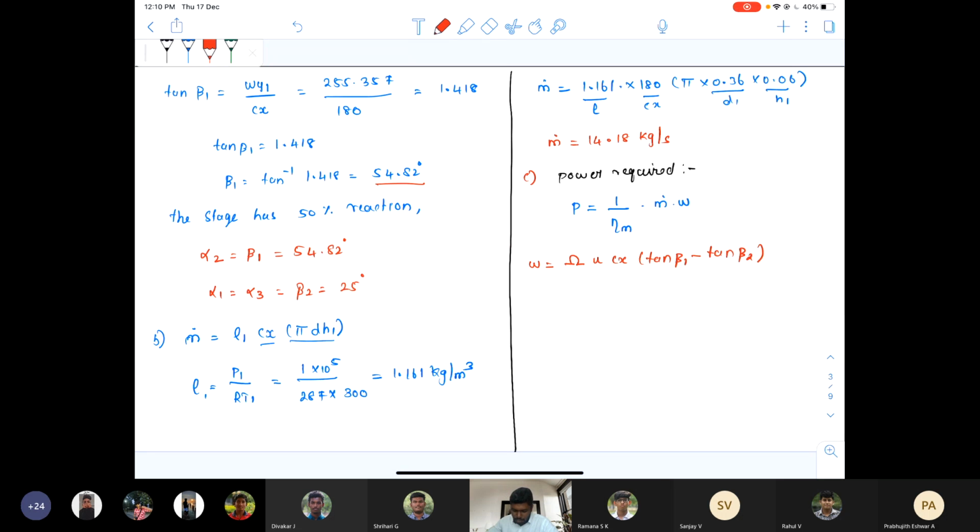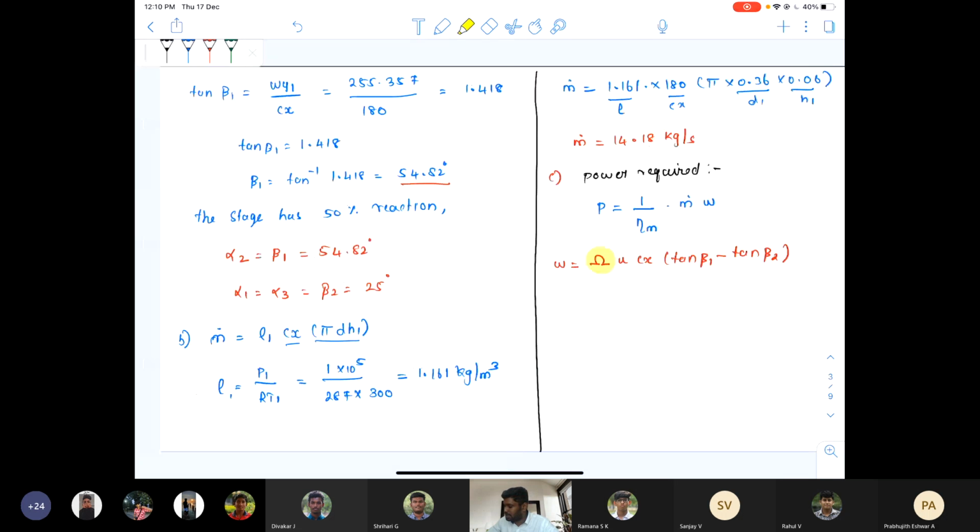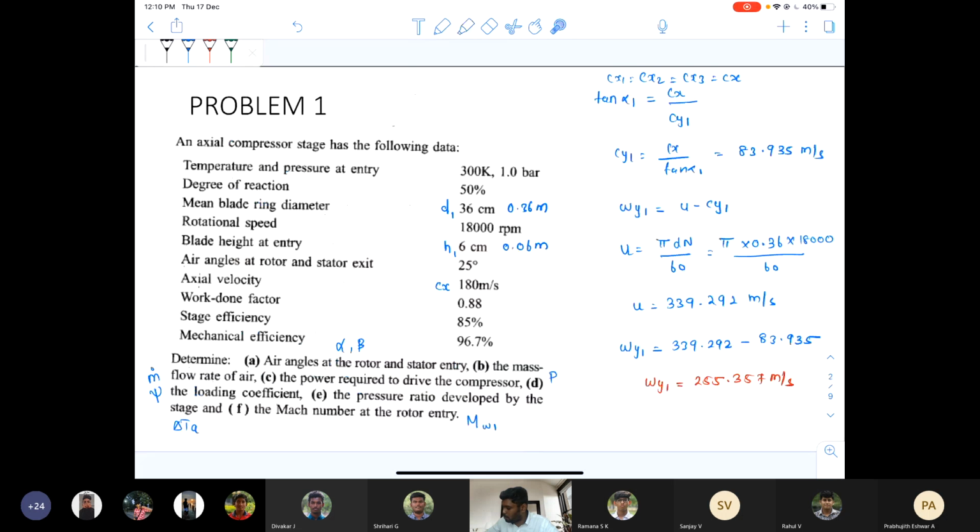Now, this value sigma is nothing but the work done factor, and it is given as 0.88 in the question.